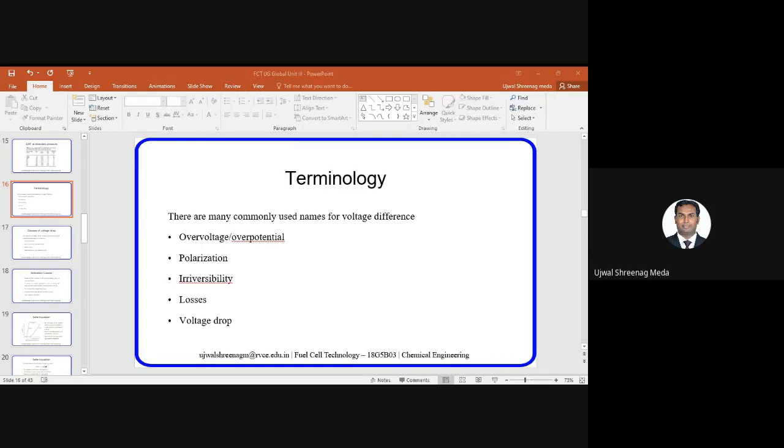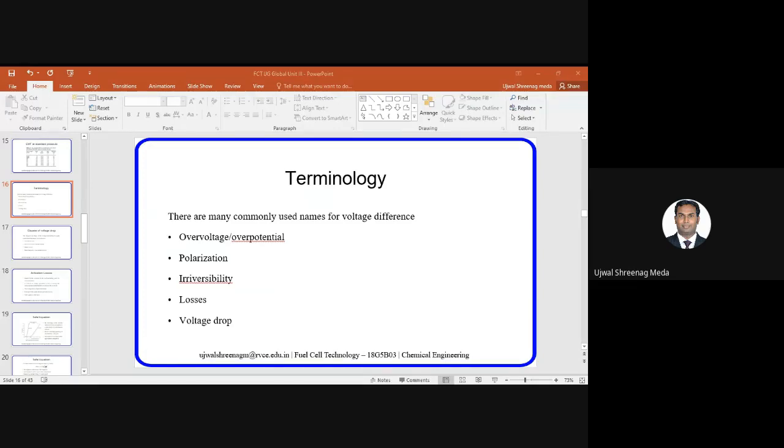Voltaic efficiency and Faraday efficiency, again the names themselves indicate how the efficiency is calculated. In case of voltaic efficiency, voltage is taken into account. The ratio of the actual voltage and the maximum voltage will give you the voltaic efficiency. Faraday efficiency is related to charge or current, so it is calculated by using the current values.